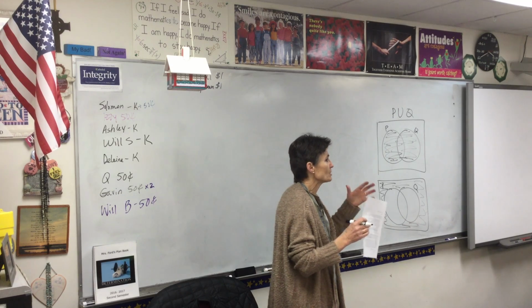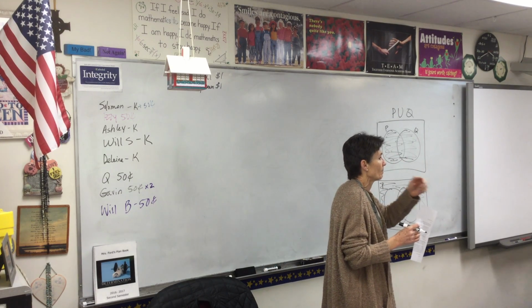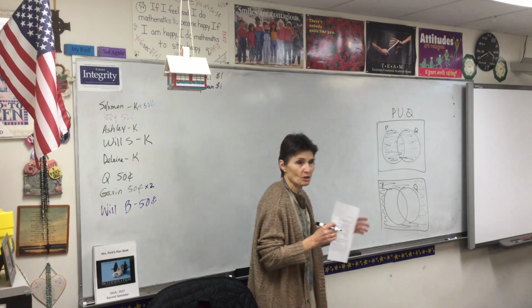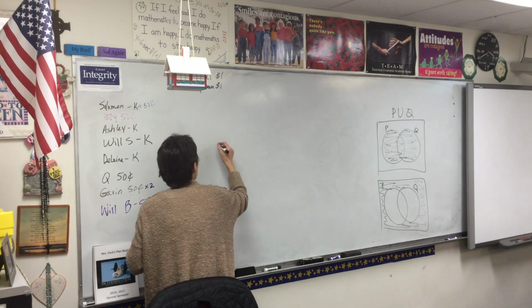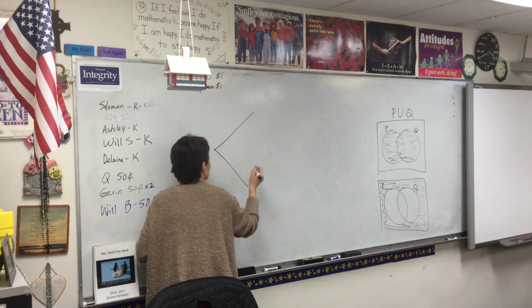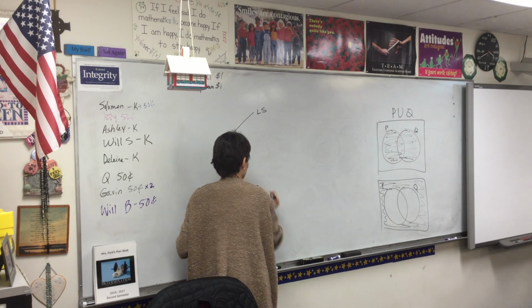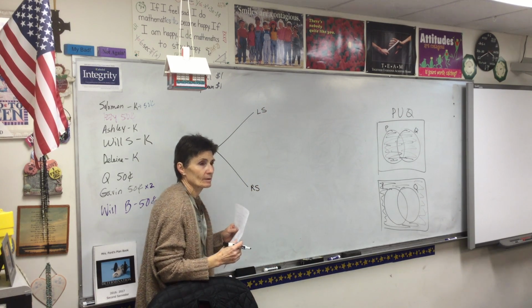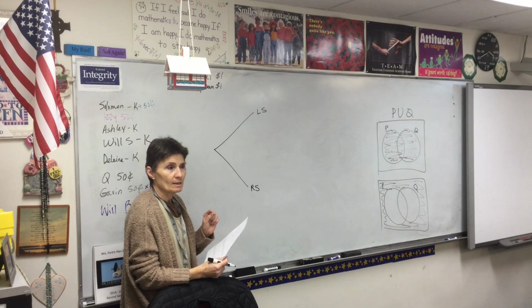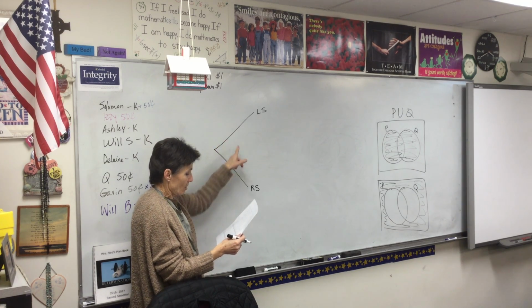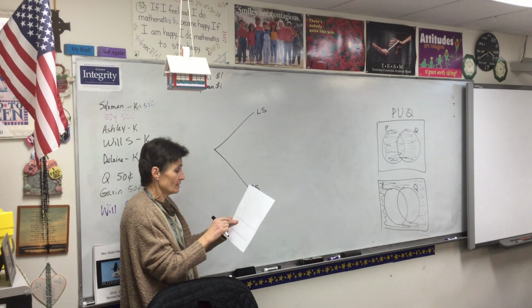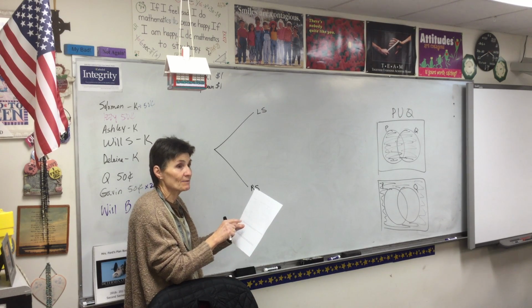So what does it all hinge on? What's the starting point of the problem? Late start or not, right? So we have LS, late start, and regular start. Late start, be careful, is 2/7 of the days.